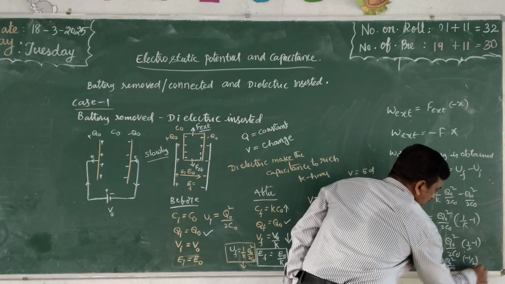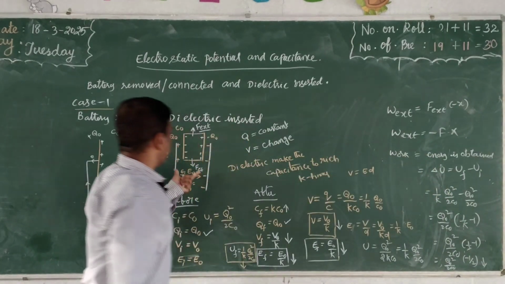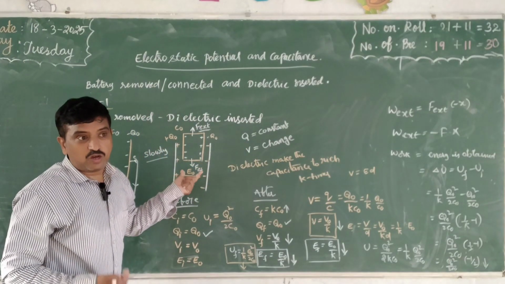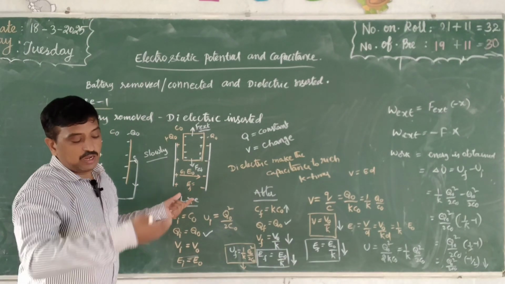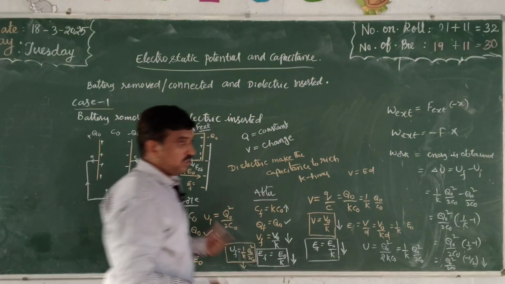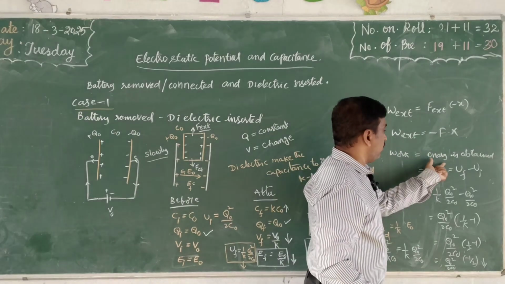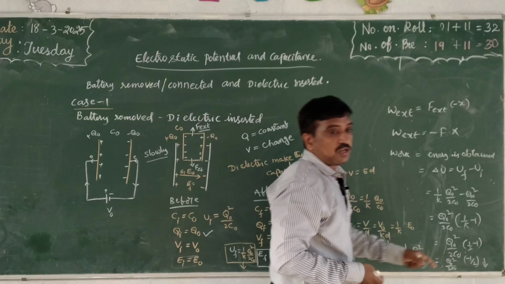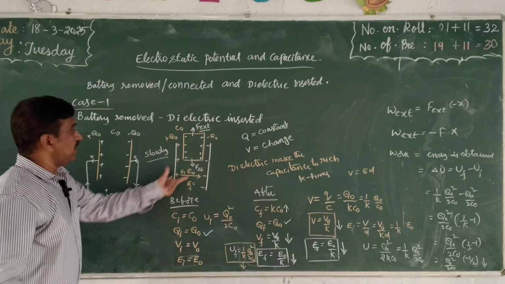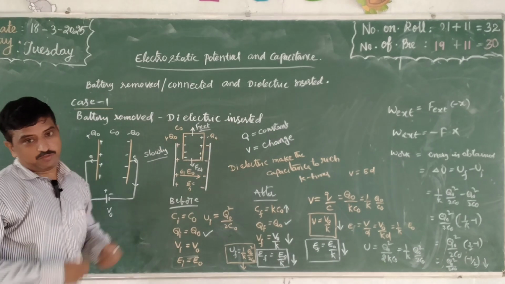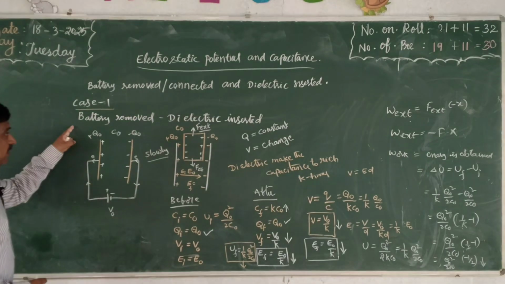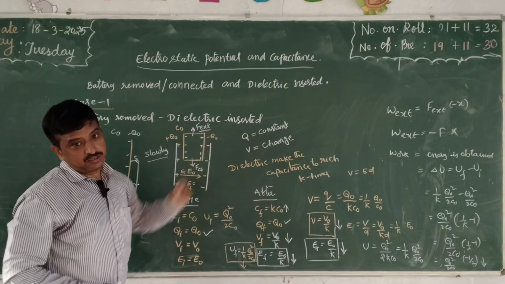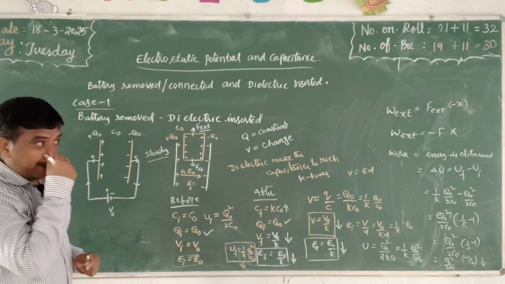That means however much it decreased, that much we are gaining. Why? We are doing external work and the dielectric is moving downwards. Because of that, due to the external work, we are gaining energy. Energy is gained. How much are we gaining? That much energy is decreased while the dielectric is inserted between the parallel plates. Yes? See, battery removed and dielectric inserted. What changes are we observing now?